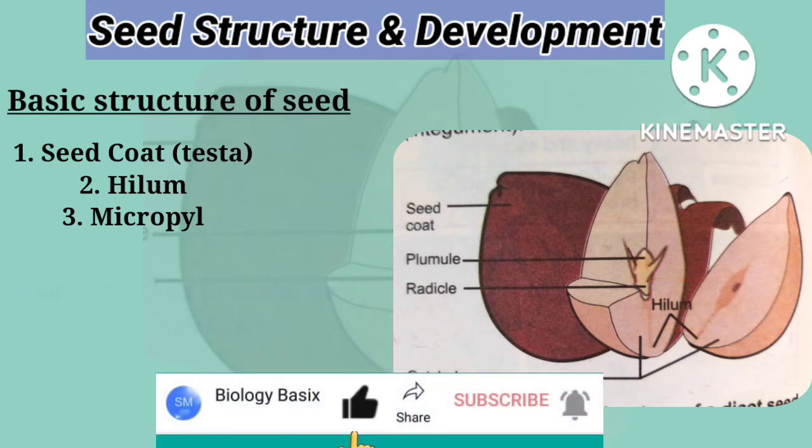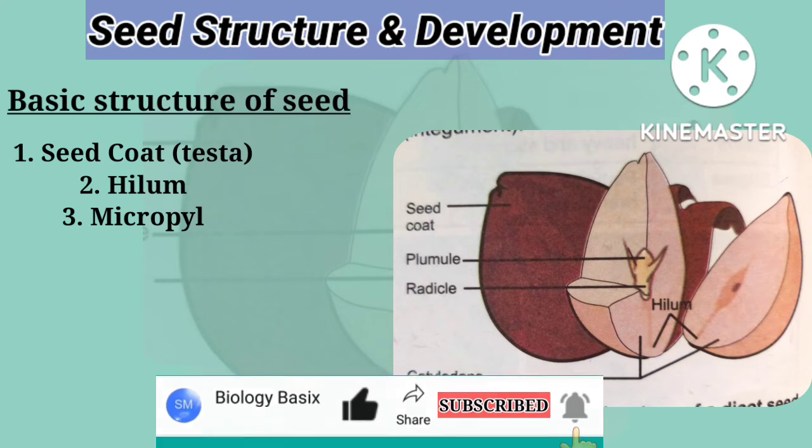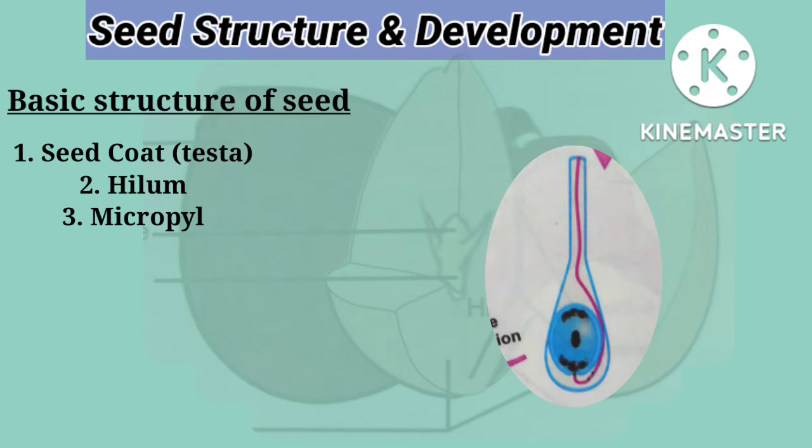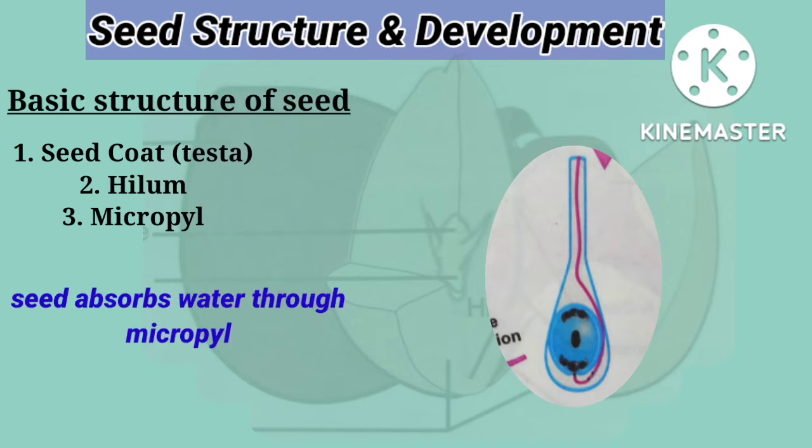And at one end of this hilum, you can see a small hole or a pore called the micropyle. Now, this micropyle is the same opening through which the pollen tube entered the ovule when we discussed the double fertilization topic. What is the function of this micropyle? The seed uses this micropyle for the absorption of water.